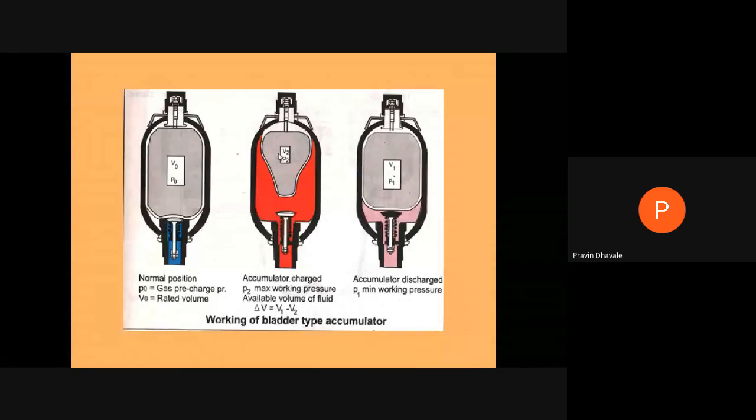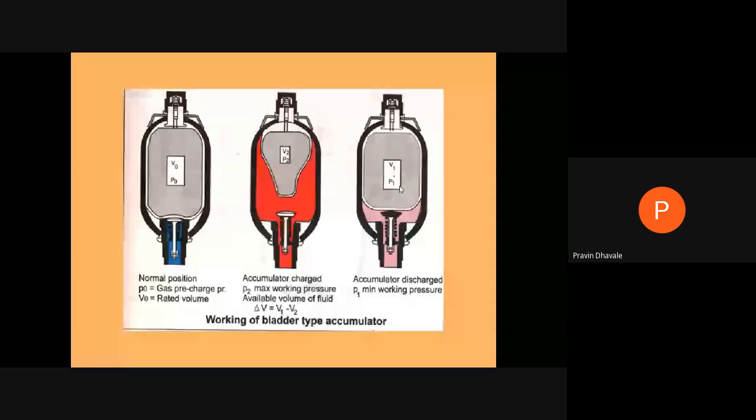All the remaining accumulators do not provide constant pressure. And the volume supplied to the actuator goes on decreasing, so relatively smaller volumes are provided by this kind of accumulator.